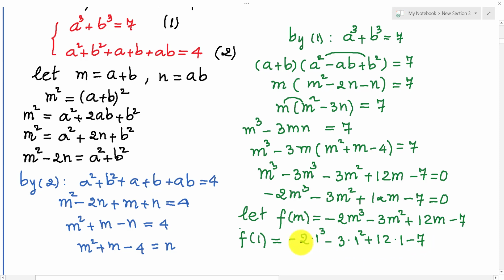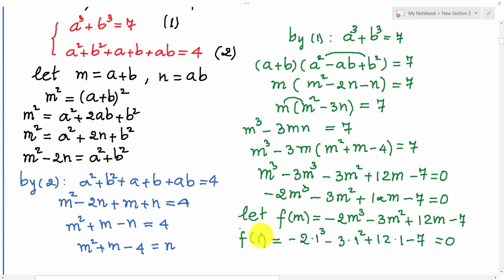This gives -2 and -3, so we get -5, and plus 12 we get 7. Then 7 - 7 = 0.